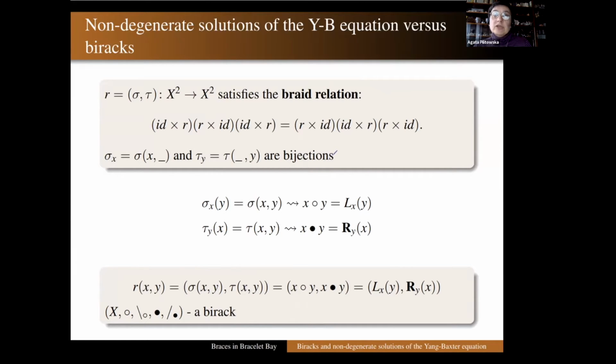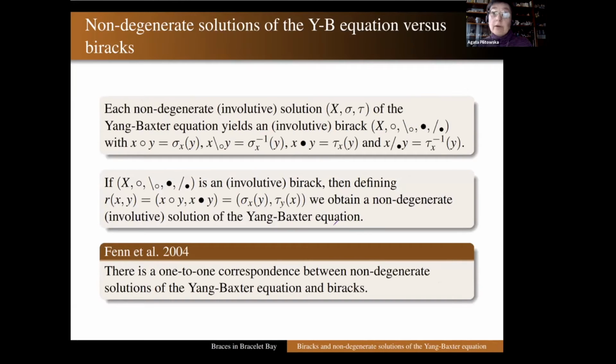Because they are bijections, we have 2 one-sided quasi-groups, and by the properties of the braid relation, we have the remaining 3 axioms. So, summarizing, each non-degenerate solution of the Yang-Baxter equation yields some corresponding Birack.